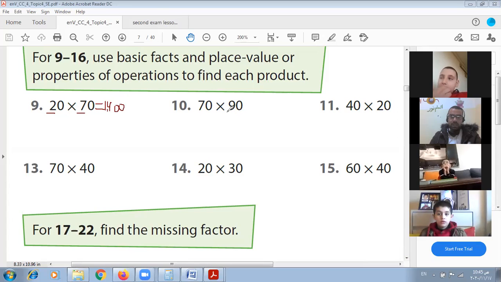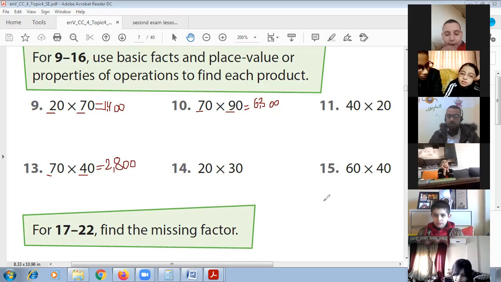So 7 times 9, that will be 63. And we also have 2 zeros, so that will be 6,300. Now here, I will multiply 7 times 4, that will be 28. So 28, and we have 2 zeros left, so it's 2,800. So that's what the lesson is about. Just multiply the non-zero digits, then add how many zeros you have left.